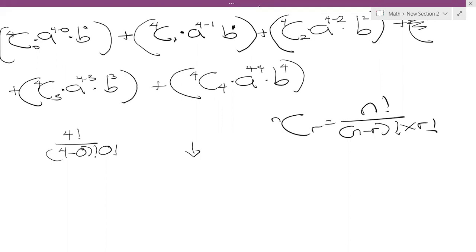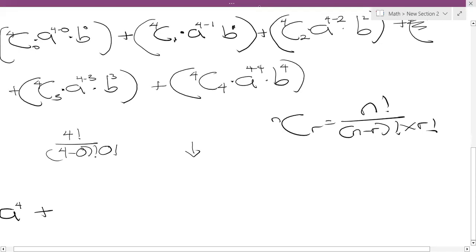We're left with 1 times a raised to 4 minus 0, which is 4, and b raised to power 0 is 1, so what we're left with is just a raised to power 4. Plus the next one. Let me use my eraser.